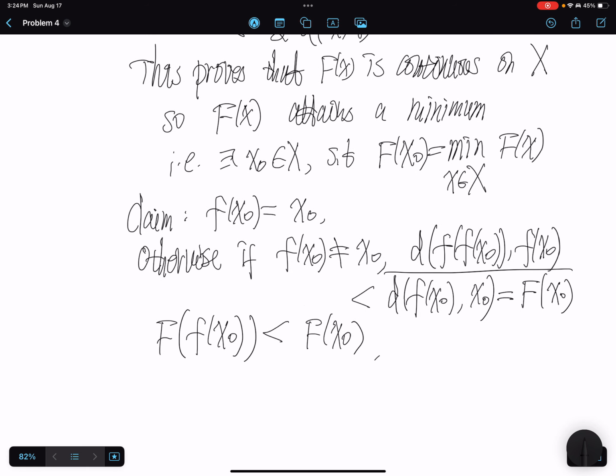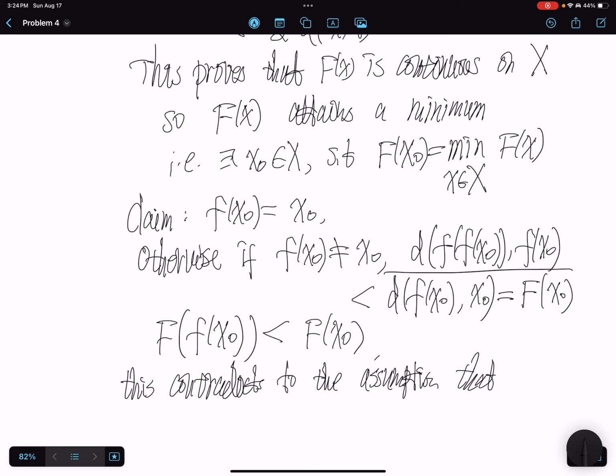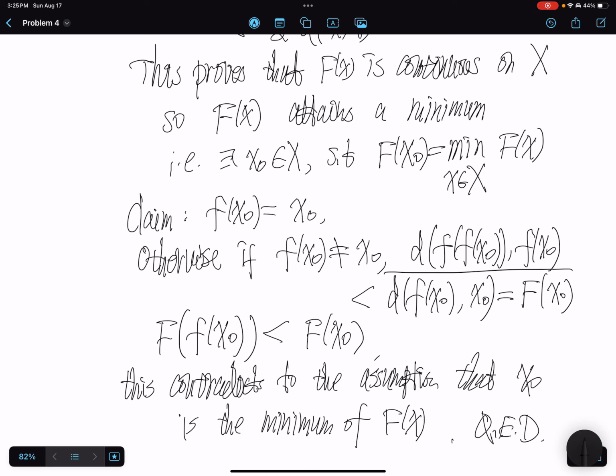This contradicts the assumption that x0 is the minimum of g of x over X. So now we have proved x0 is the fixed point.